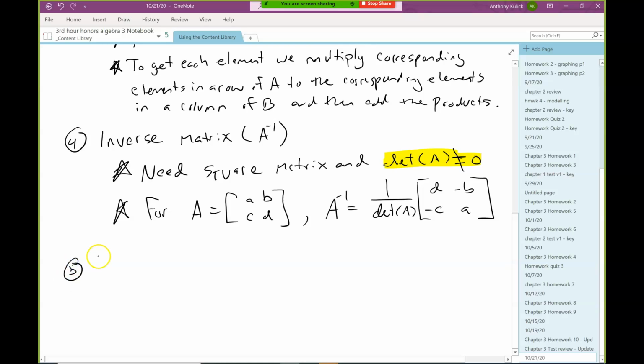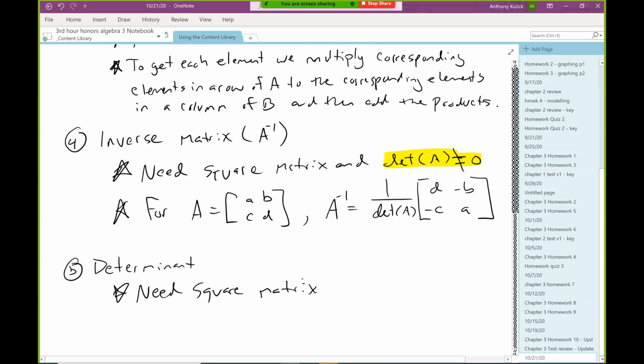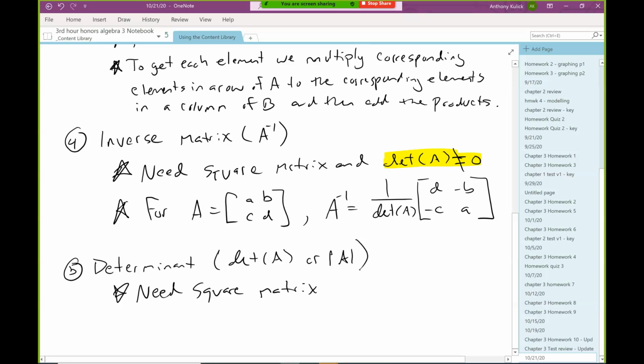And the last matrix operation is this idea of a determinant. So again, to be able to take a determinant, we need a square matrix. And the way we write this is we either write the determinant of A, like det of A, or more commonly, we'll write the matrix A with vertical bars around it.